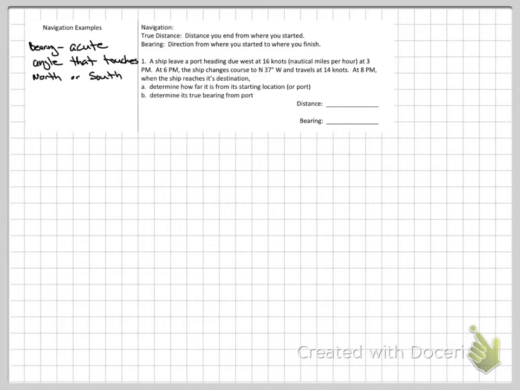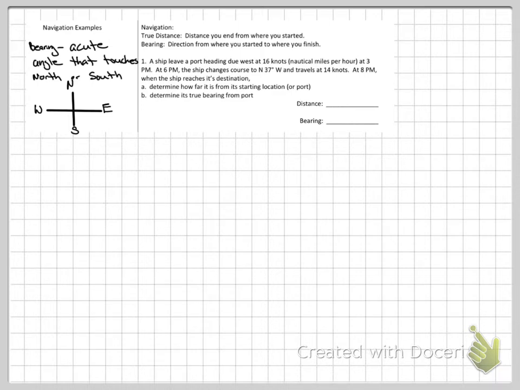Also super important for this piece, you need to know a compass. So if you don't know a compass yet, north, south, we live on the west coast, east. Make sure you know how a compass is laid out, or these problems are really going to be a struggle. So let's see if we can draw a picture for what's happening here.